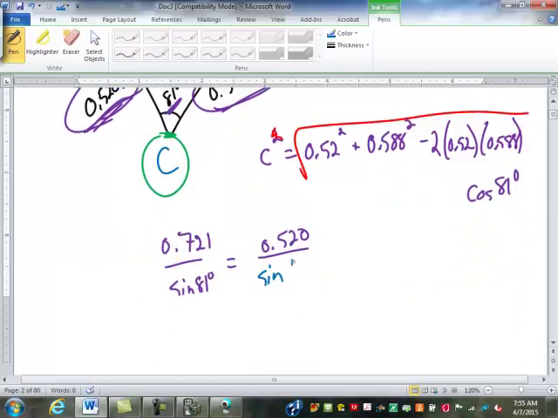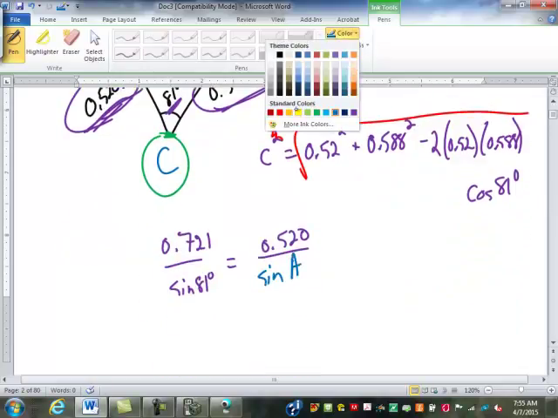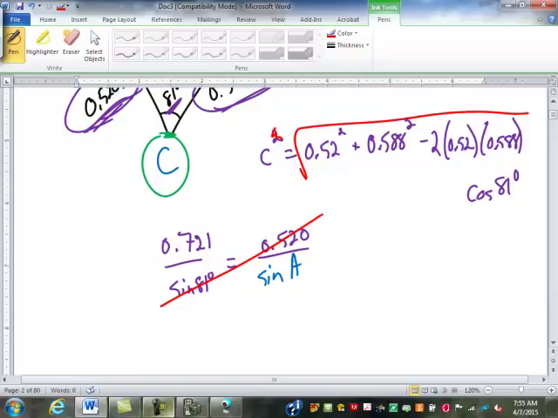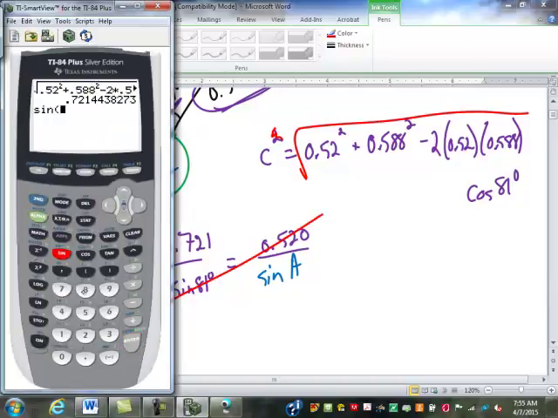So it's sine of angle A. So we're going to cross multiply and divide here. Sine of 81 times 0.52 divided by 0.721 is 0.7123.